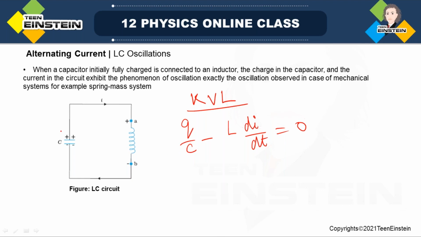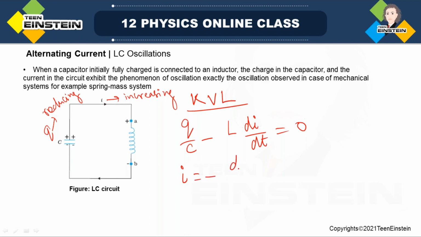Now look, in this case, what is happening? Q is reducing, and I is increasing. So these two parameters will be actually oppositely changing with time. One is increasing, another one is decreasing. So look what I can do.